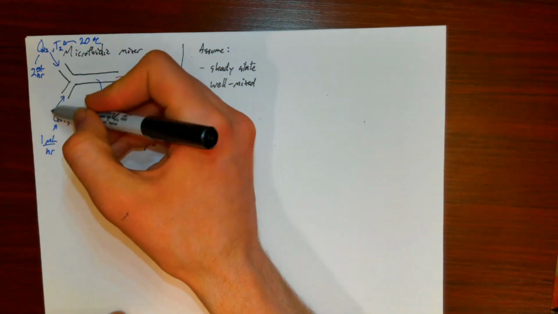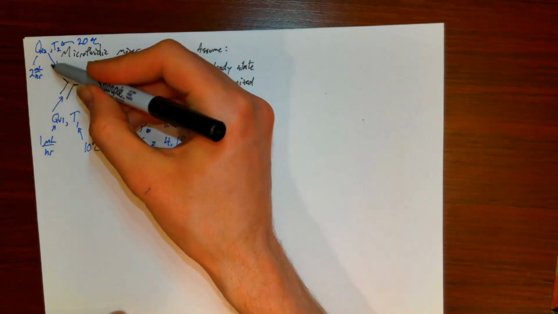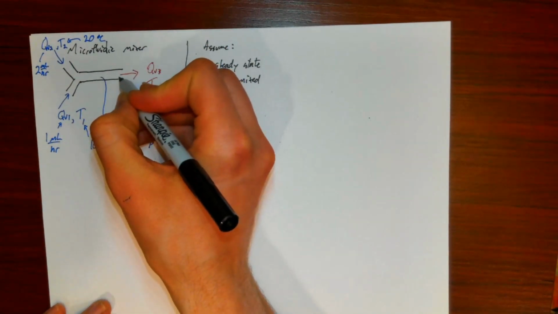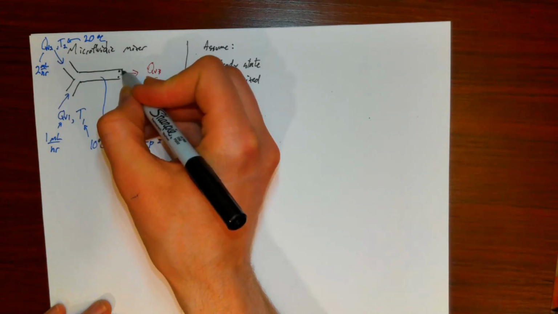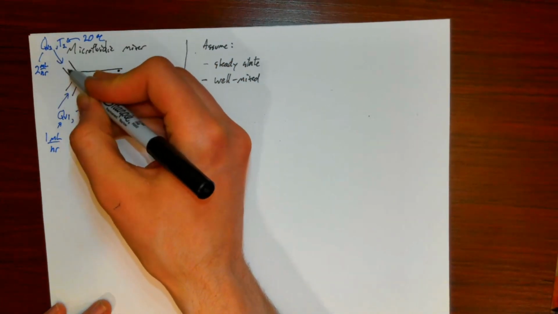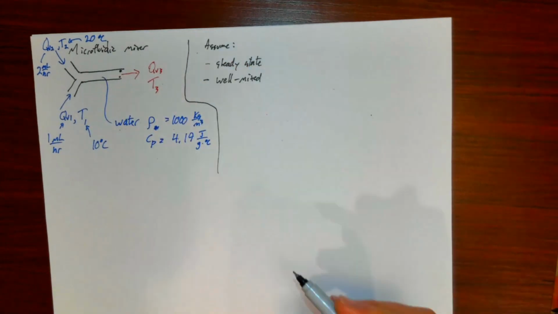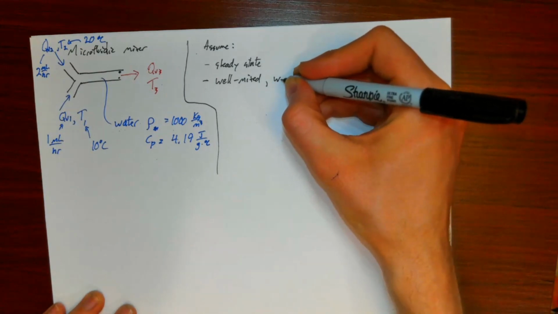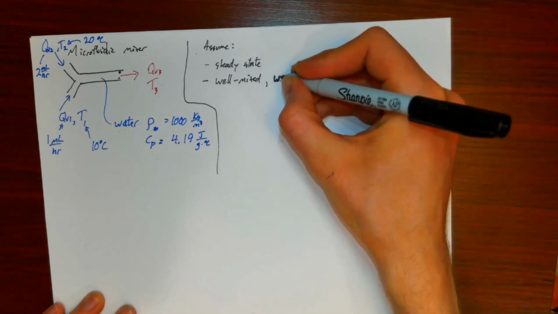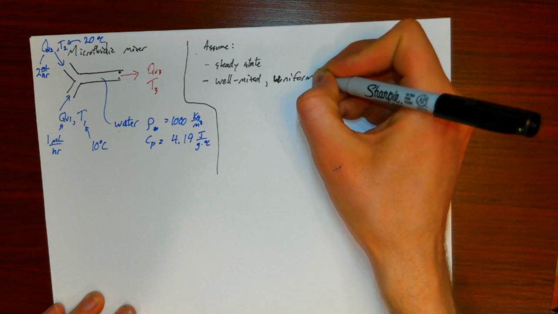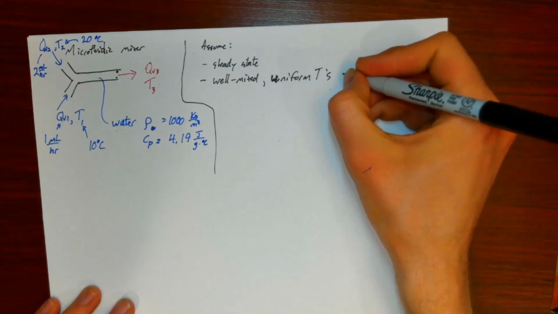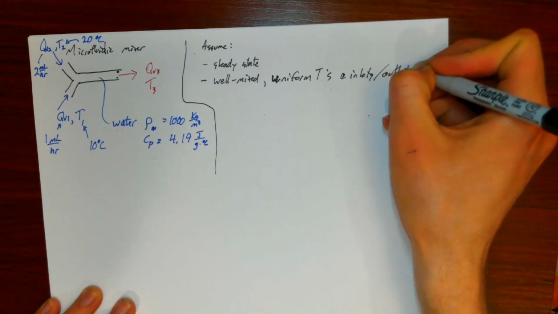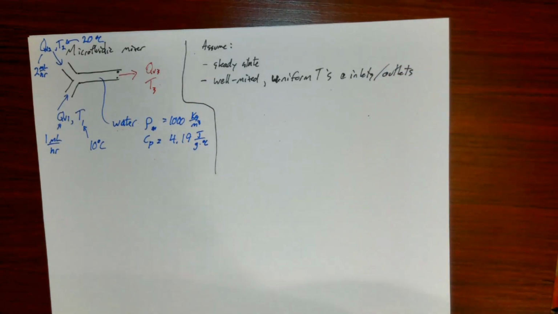The stuff on the inlets gets well mixed by the time it gets to the outlet, right? It's not like we have a little more like T1 down here and a little more like T2 up here. We're assuming these things come in and mix pretty well by the time they get to the outlet, which results in uniform temperatures at each respective inlet and outlet.